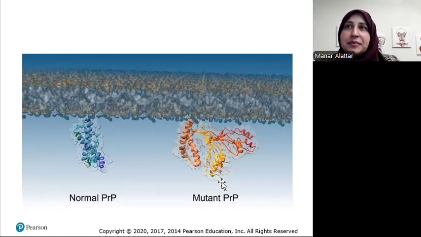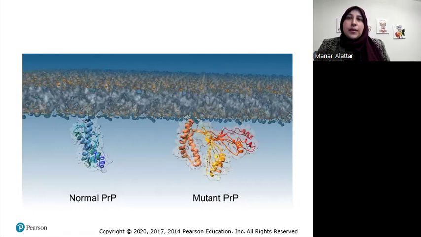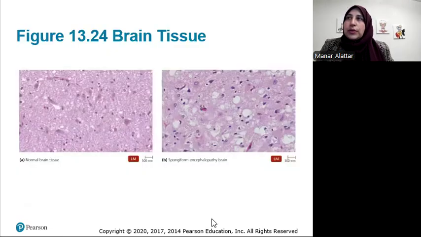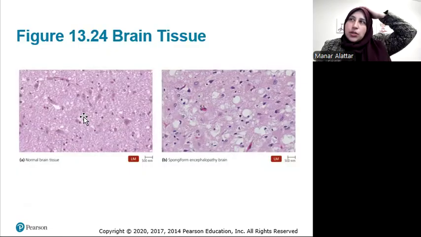Okay? And so this is why prion diseases oftentimes are called spongiform encephalopathies, because as your body eliminates these plaques, they actually make holes in the brain tissue. So you can see that here. Here's the normal brain tissue.